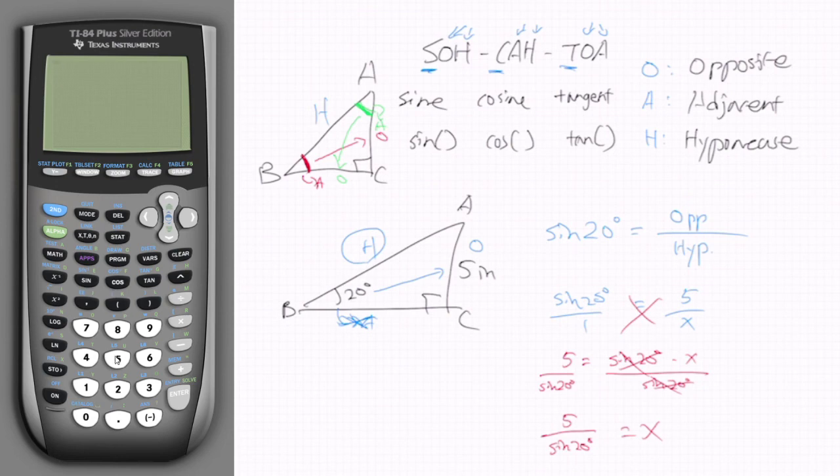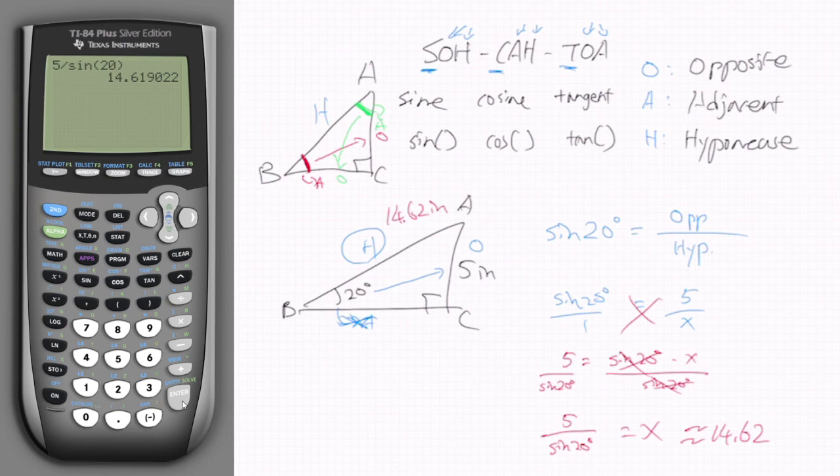So x is equal to 5 divided by sine of 20 degrees, and then press enter. That gives us 14.62 approximately. That means the hypotenuse that we're trying to find is around 14.62 inches.